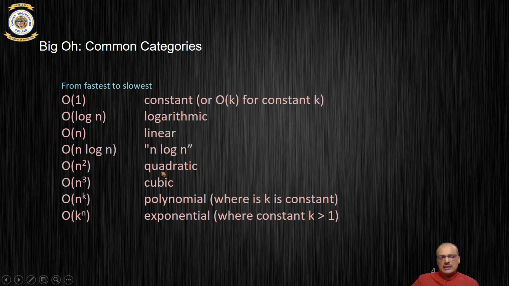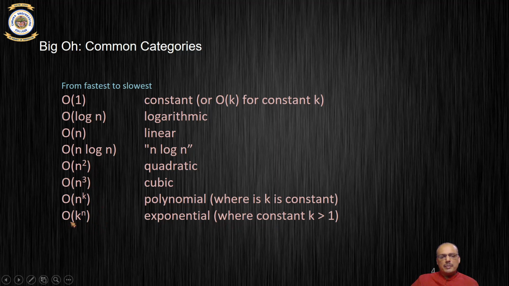That is, the complexity of the algorithm increases in terms of squares of the increase in the input data. Then we have n cube, the cubic, and in general O of n raised to k, the polynomial increase.